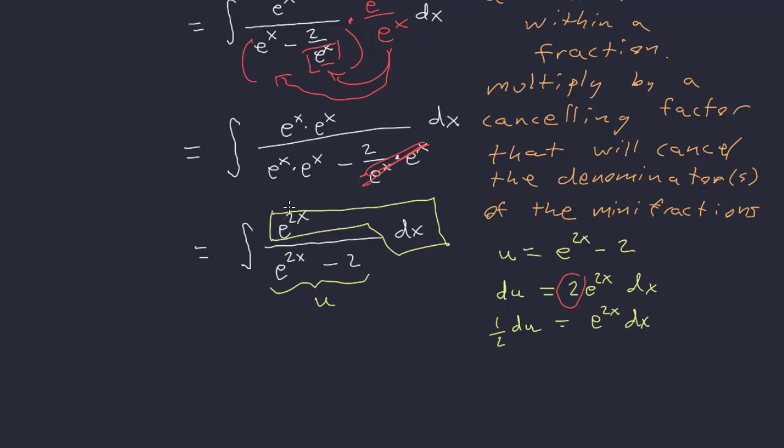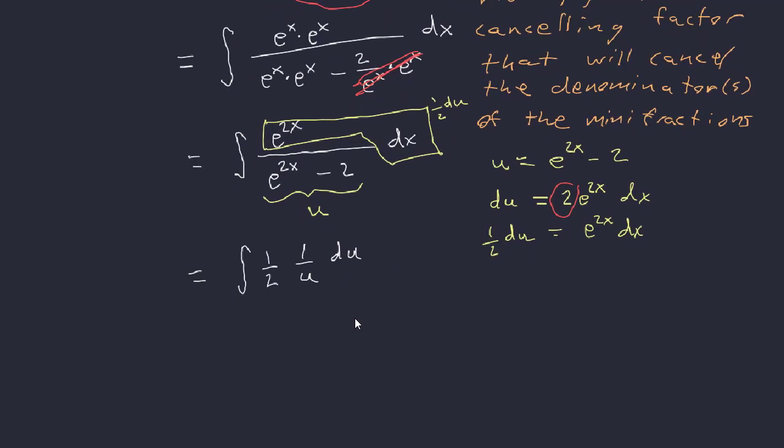So over here, this e to the 2x dx will become 1/2 du, and the denominator will become u. So our new integral is going to be, well, I'm going to bring in that 1/2. I have 1 over u from here, and the du. So we get 1/2, 1 over u, du.